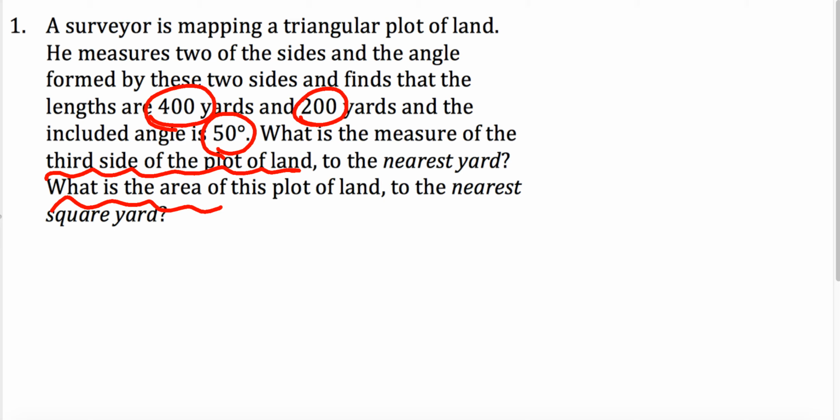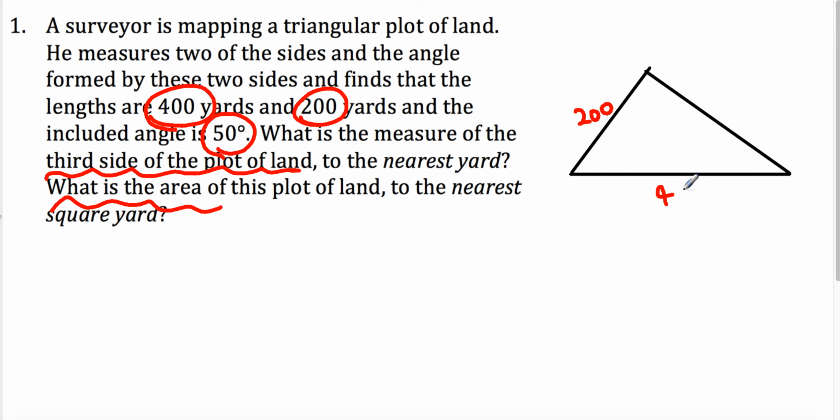So what are we going to do? If I were to draw this, let us say that's 200, and assuming that this is 400. And let us say that's the 50-degree angle in between them.